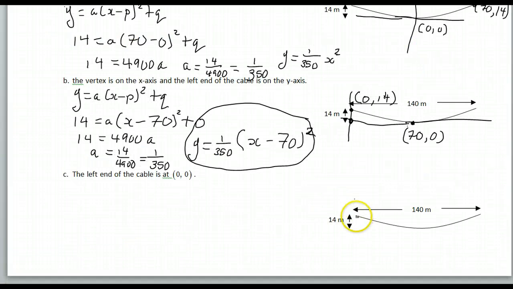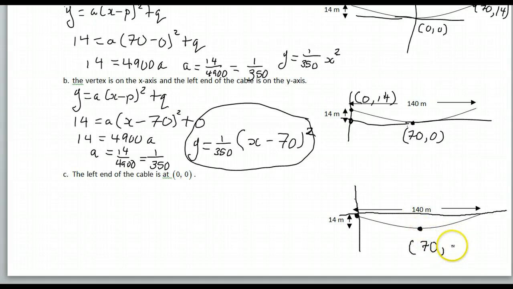Lastly, (c) what if the left end of the cable is at 0, 0? Well, let's sketch that in and find some points. Where's the vertex? It's halfway, which is 70, and this time it's below the axis by 14 meters, so it's 70, negative 14. We also have a point on here, of course, which is 0, 0. Now we know we're going to get the same a value.